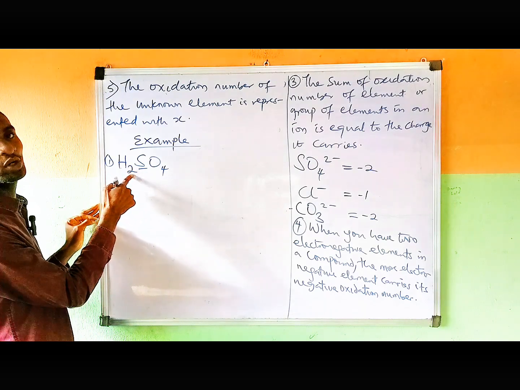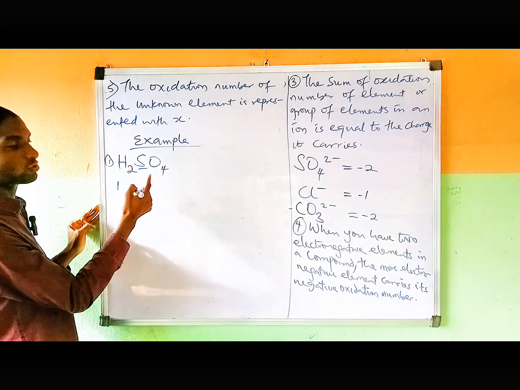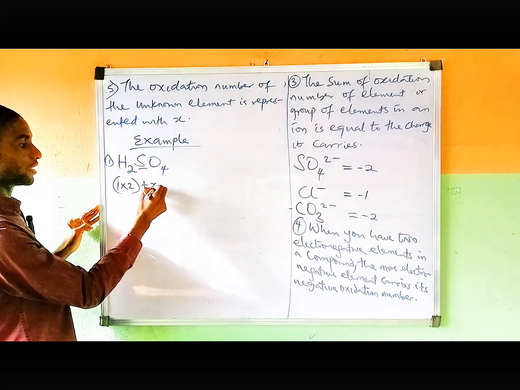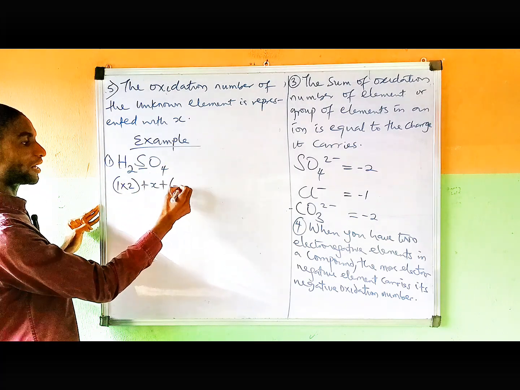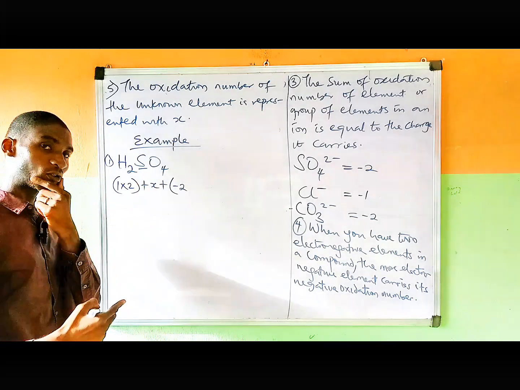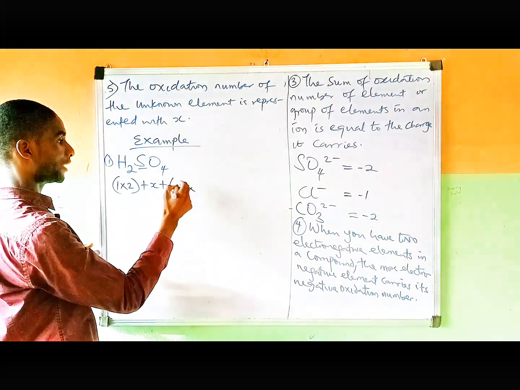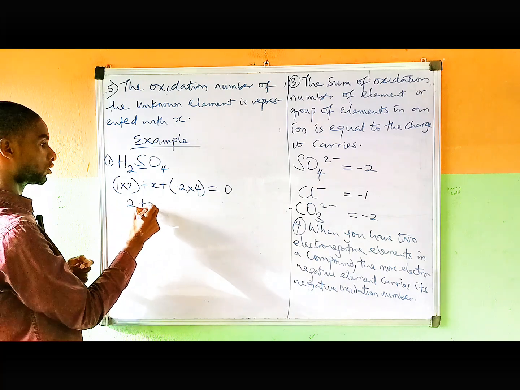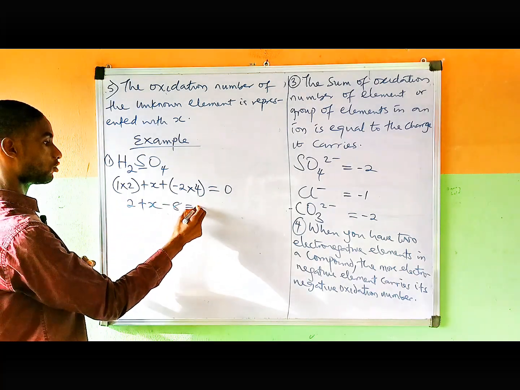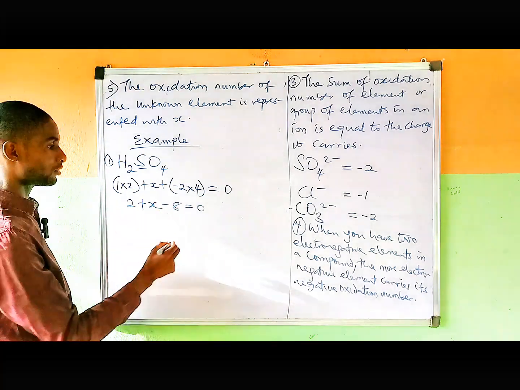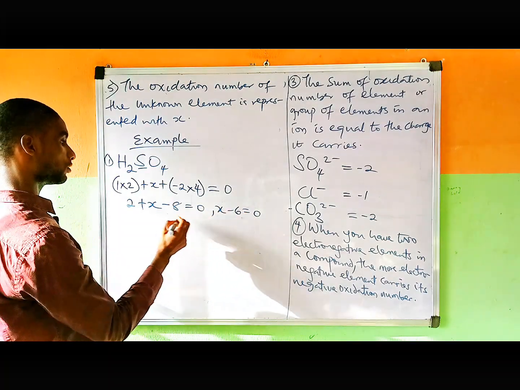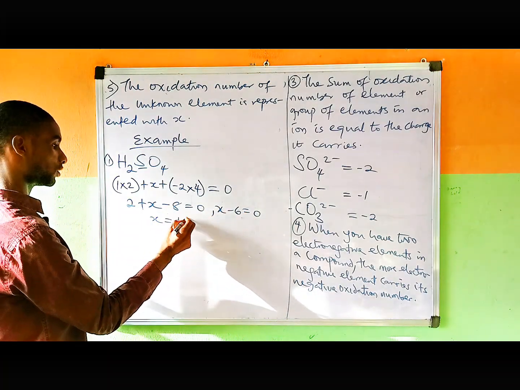But there are 2 moles of hydrogen in this compound, so 1 times 2, plus X. Oxygen is minus 2 because it will borrow 2 electrons to attain stability, times 4, all will be equal to 0. 2 plus X minus 8 equals 0. 2 minus 8 is minus 6.